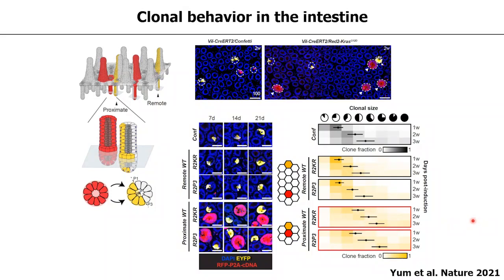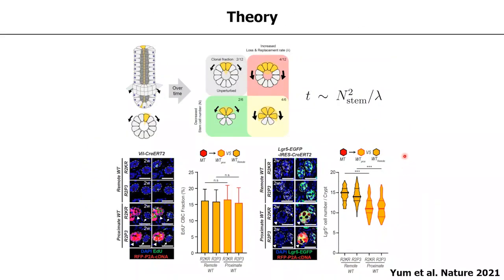So we were very much interested in this biological phenomenon because this was a very unexpected observation after we made this mosaic genetics tool. And my collaborator, Professor Ben Simons, is a biophysicist who can understand how the clones are competing with each other in the crypt.